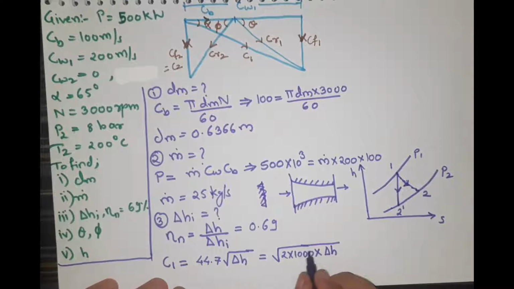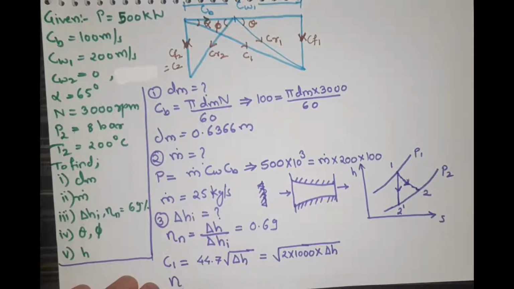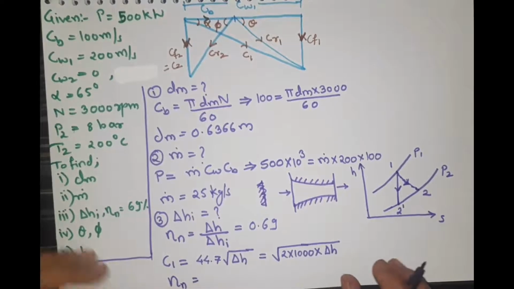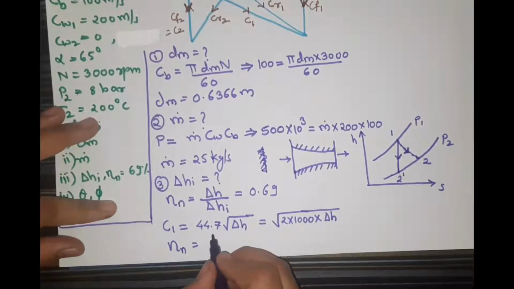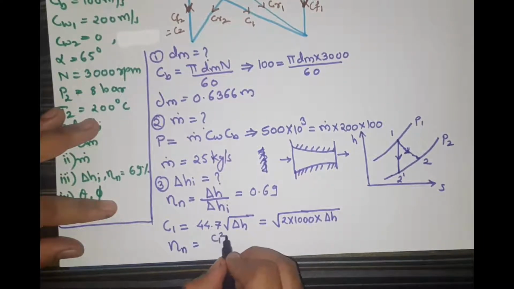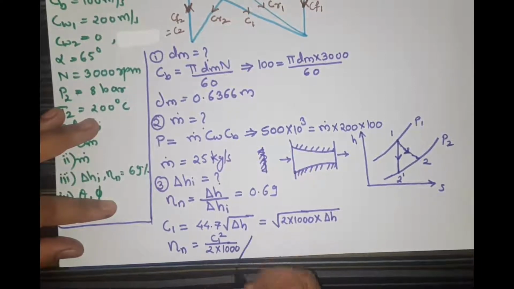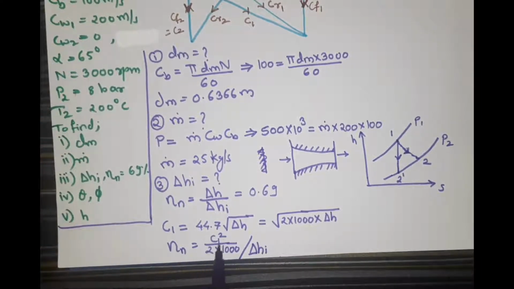So if we rearrange this equation for delta H and put in this equation, we will get nozzle efficiency equal to C1 square by 2 into 1000 divided by isentropic enthalpy drop. Now how to find this C1?